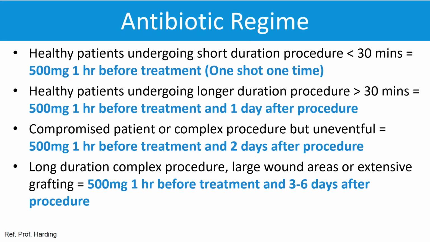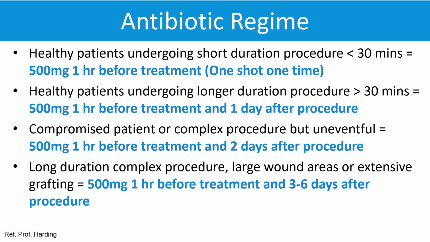Now, it's most important that we produce an antibiotic regime which is tailored to the patient's needs and which is compliant with the requirements for prophylactic antibiotic cover. Now remember, there's 3 main points to prophylaxis in that the dose should be sufficient to prevent infection.